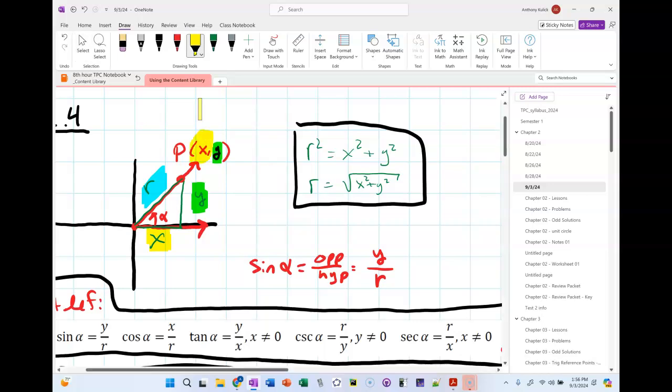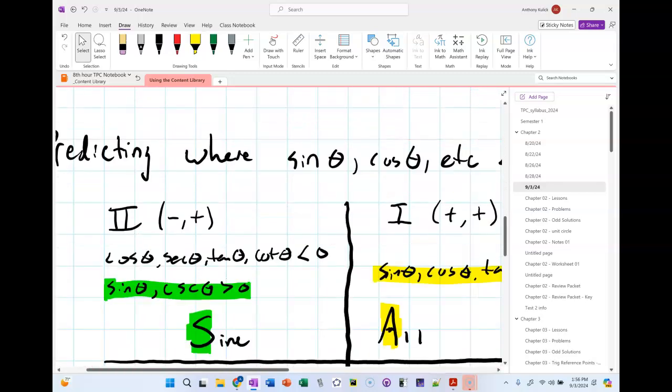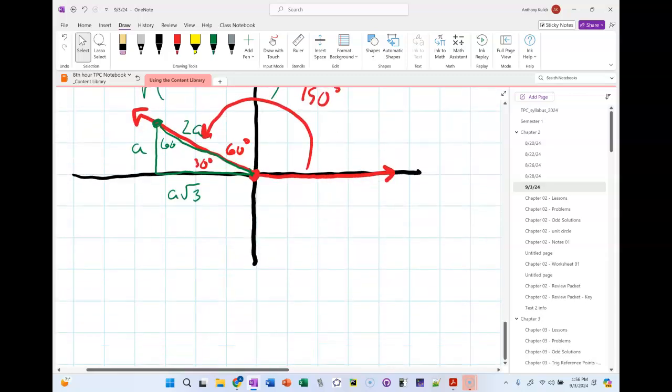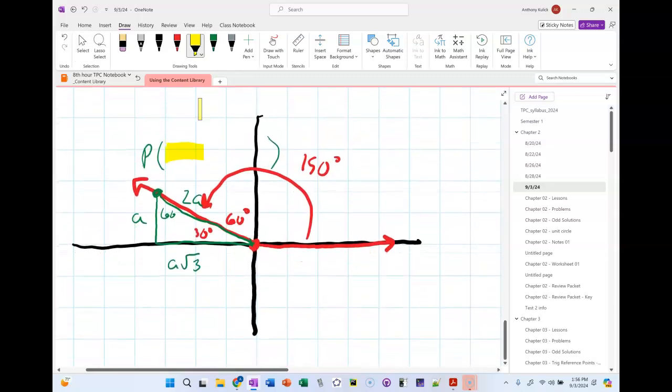The x-coordinate for point P was that side of our triangle, right? The left and right direction. So if we go down here, what does our x-coordinate for point P have to be?